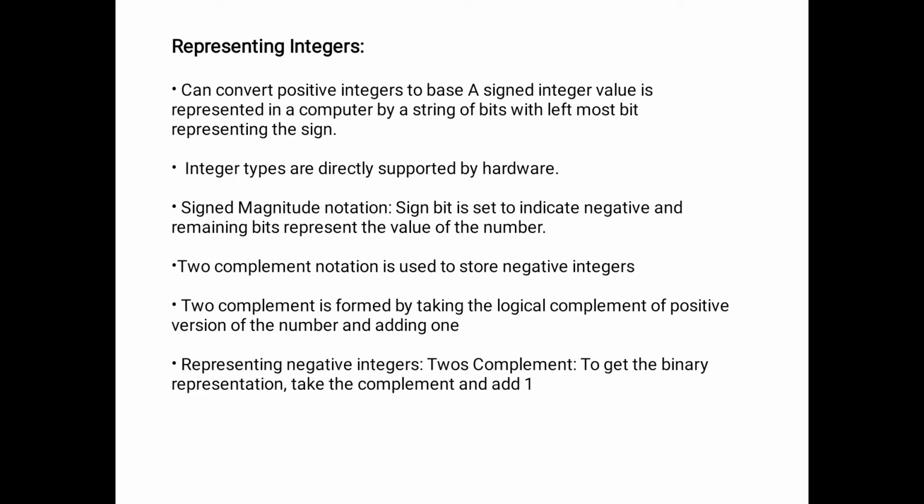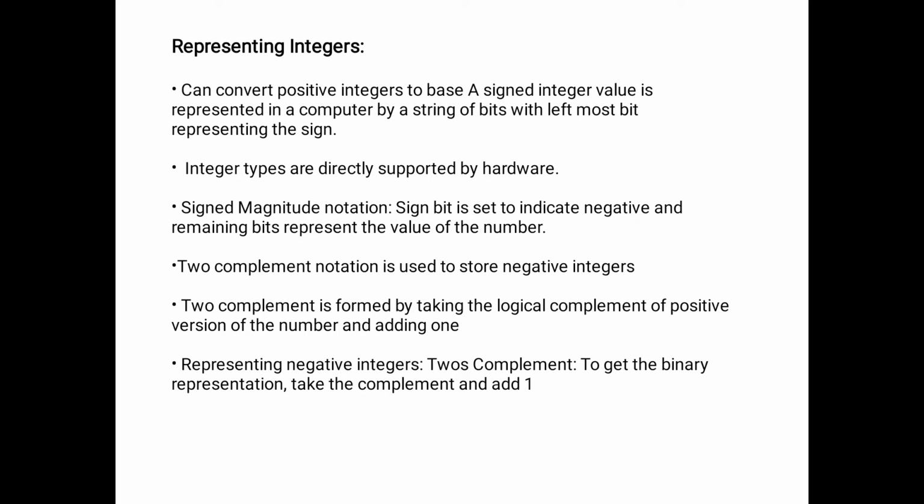Signed magnitude notation: the sign bit is set to indicate negative and the remaining bits represent the value of the number. Two's complement notation is used to store negative integers. Two's complement is formed by taking the logical complement of the positive version of the number and adding 1.